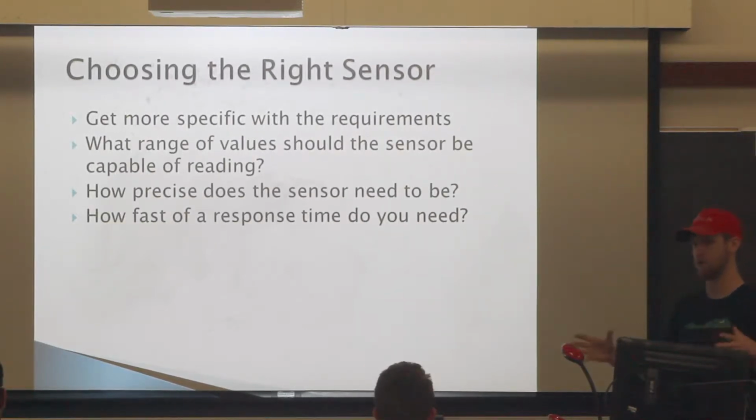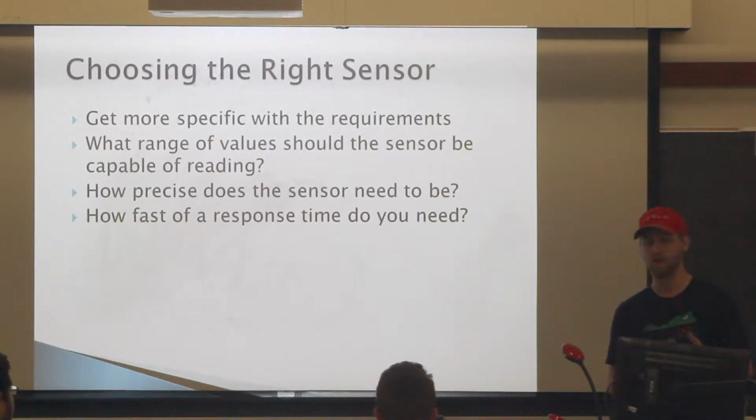Then once you have a list of sensors that seem in the right area, you're going to get more specific with the requirements. So you need to make sure that your expected range of values is going to be within the sensor's capabilities. You need to make sure it's going to be precise enough for what you need to do, depending on your application. You may not need to be precise about things, or you may need something very precise. And you also need to keep in mind how fast a response time you need.